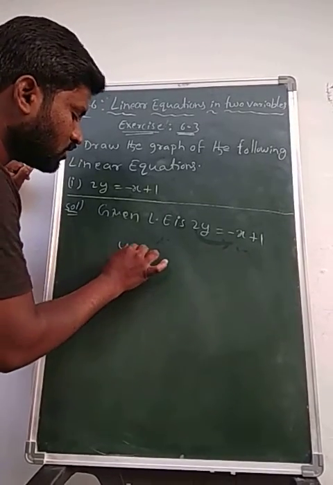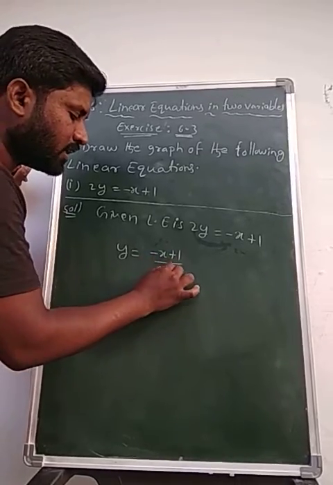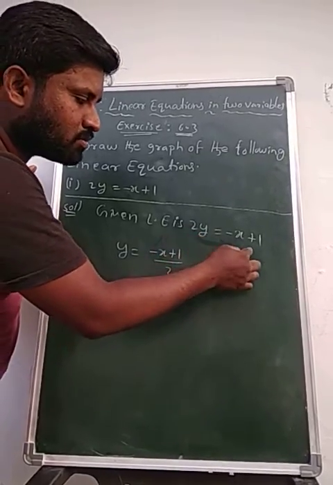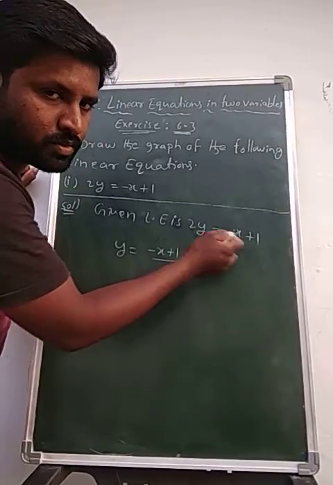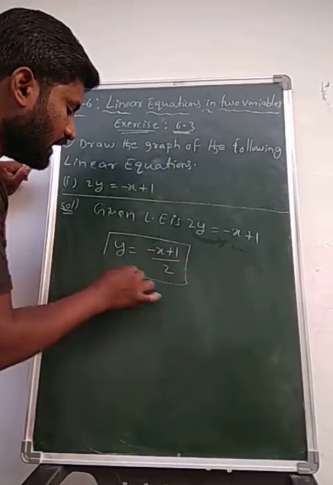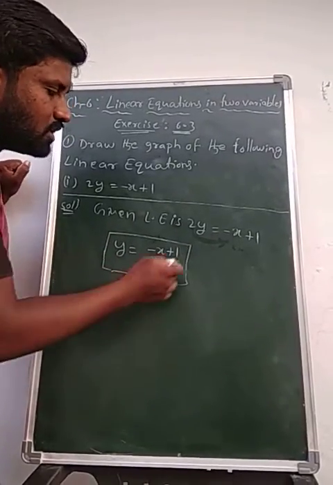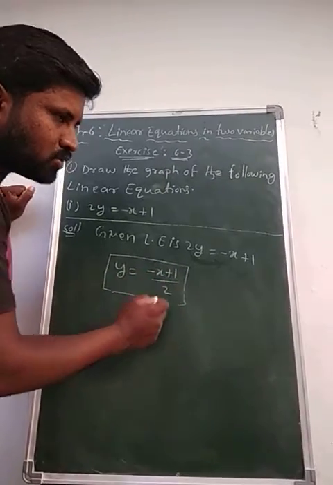We can write y = (-x + 1)/2, because a multiplication quantity becomes a division quantity when we transpose from LHS to RHS. Okay, so we get y = (-x + 1)/2.